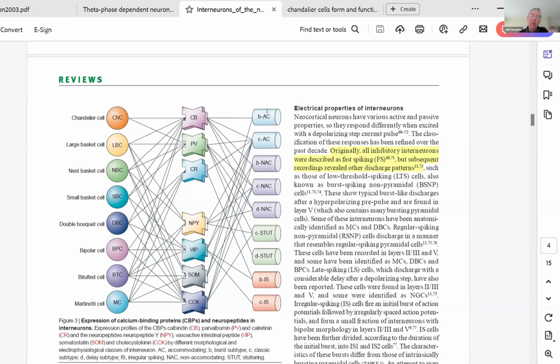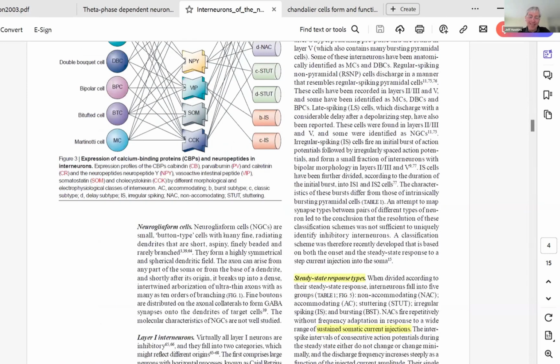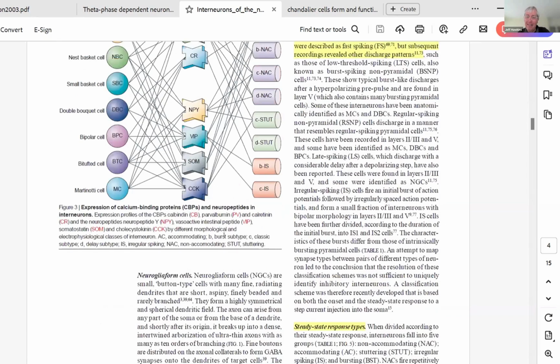They can characterize what the spike patterns look like. Adapting, non-adapting, stuttering, and so on. I forget what IS stands for. Irregular spiking. So they make up names for these different patterns they see, and then you can associate the cell with the neuropeptide and with the different patterns in which they spike. And okay, yeah, I have no idea what to do with that. It's there, but what are you going to do with it?